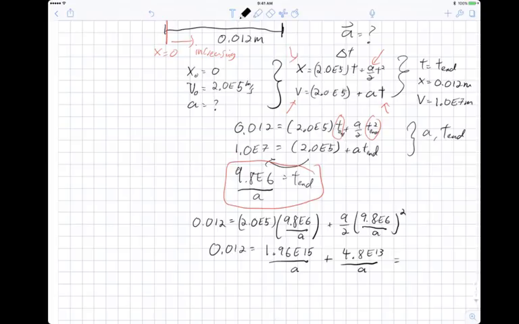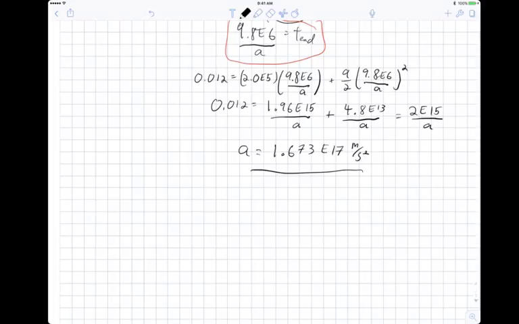You get 2E15 divided by a, and then you rearrange and you get a equals 2E15 divided by 0.012. You get that number, which is bonkers.